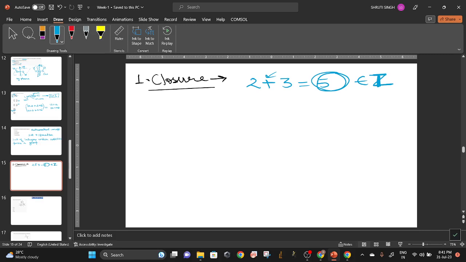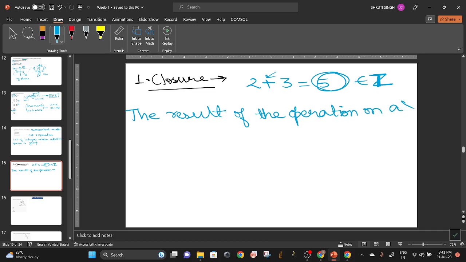So whatever I perform on the set, if the resultant belongs to the set itself, then the group is said to have the closure property. Let me write it. The result of the operation on A and B, where I am taking this as A and this as B, and my operation I am giving the symbol star.